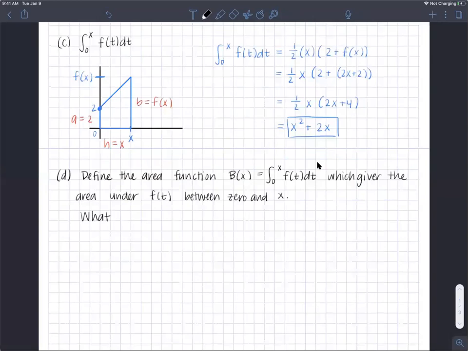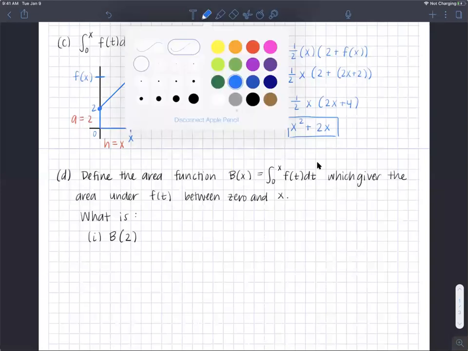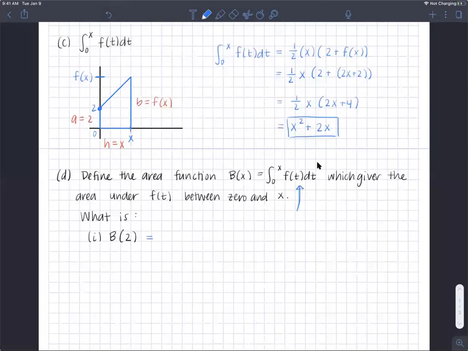And so we're going to have little mini problems in here. What is capital B of 2? I was just kind of talking about this, but when you plug 2 into this integral, so instead of from 0 to x, you're going to have from 0 to 2 of f of t dt.